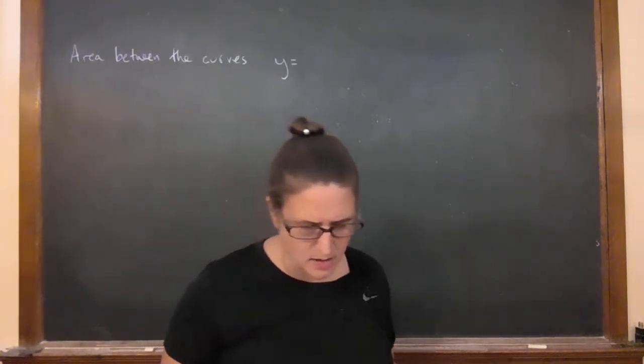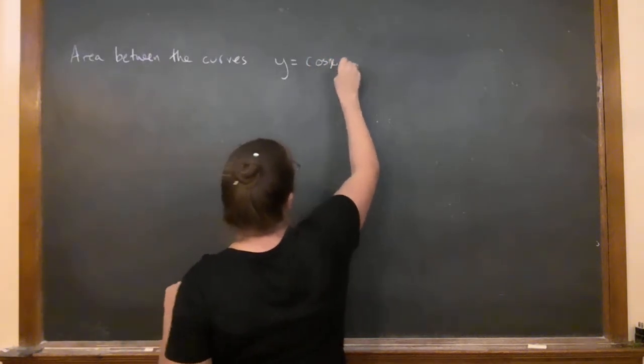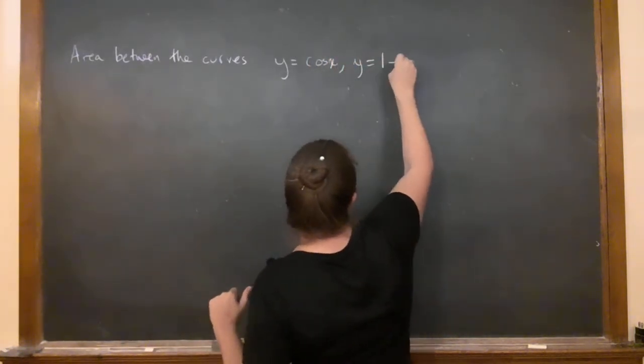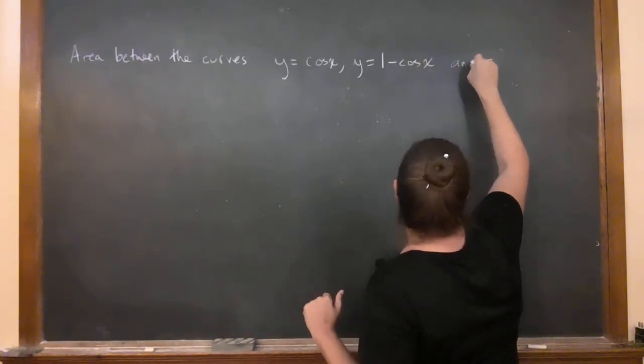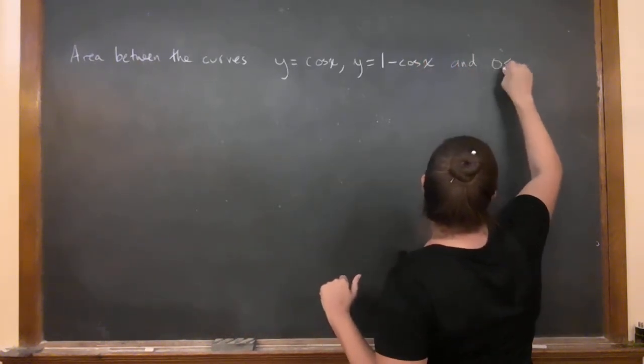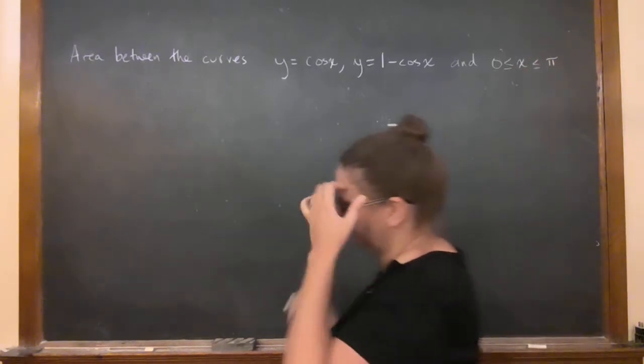If I want the area between the curves y equals cosine x, y equals 1 minus cosine x, and x goes between 0 and pi.